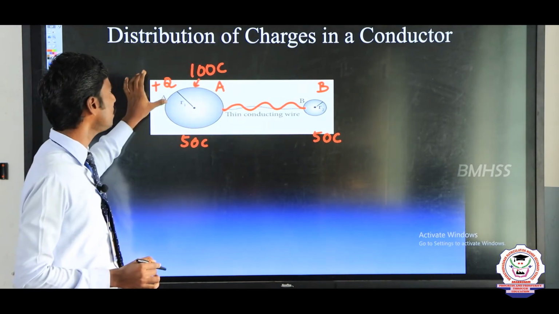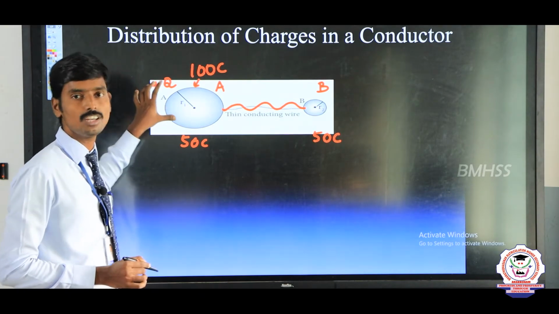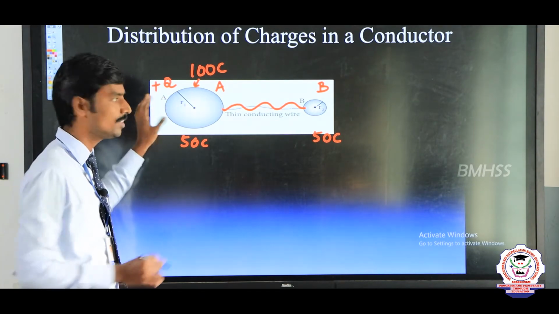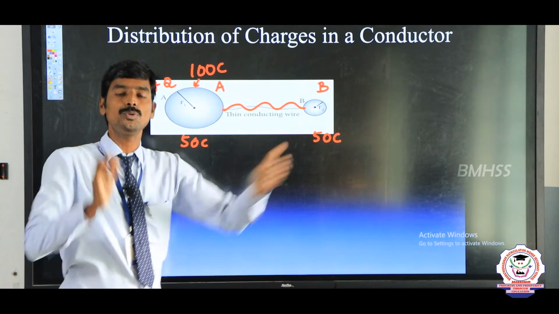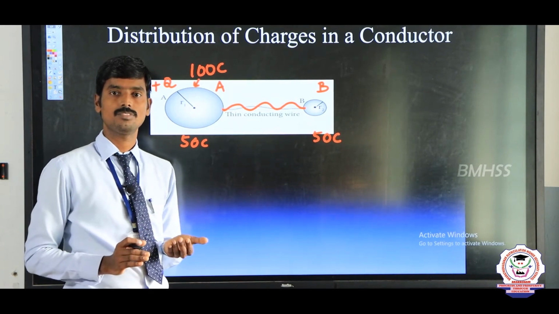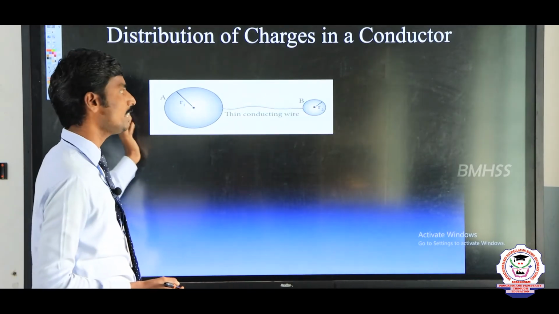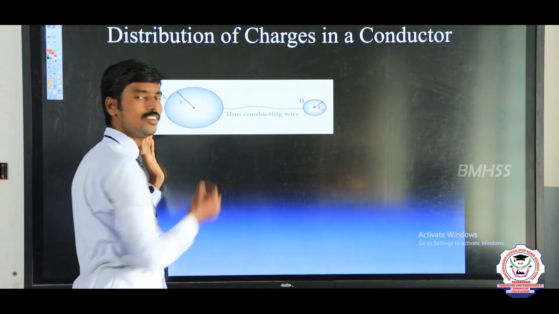Now the net charge Q is introduced into any one of the spheres, and the charges are redistributed into both the spheres. Now the electrostatic potential of the two spheres is the same.